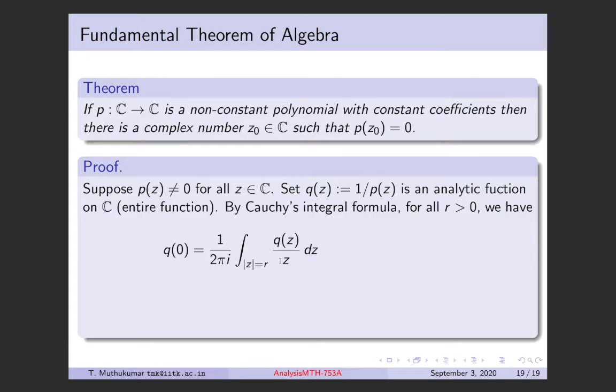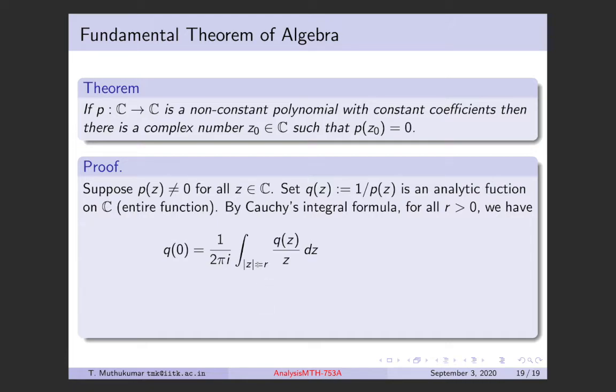So knowing the values on the curve is enough to compute every value of the function at every point inside the curve, inside the region enclosed by the curve.